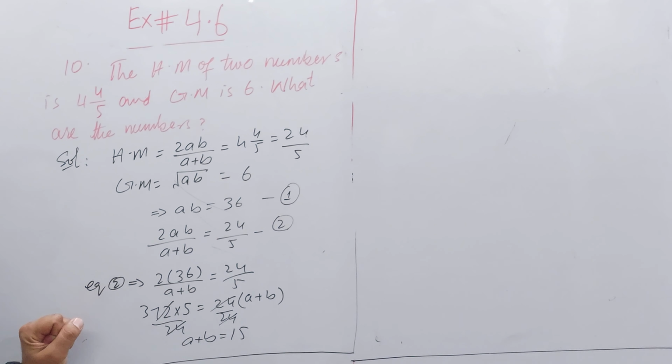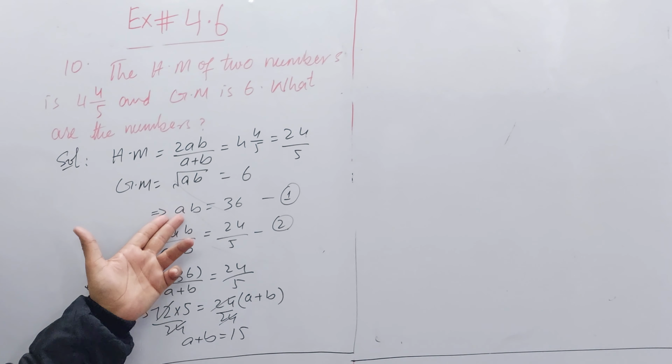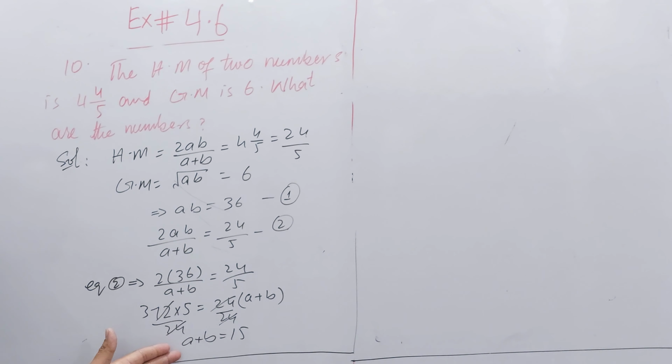Now either we will take the value of a or b from this equation and put it in this equation, or we will take one value from here and put it in another equation. So it's up to you. I think it will be easy if we take the value of a or b from here. So a will be 15 minus b.